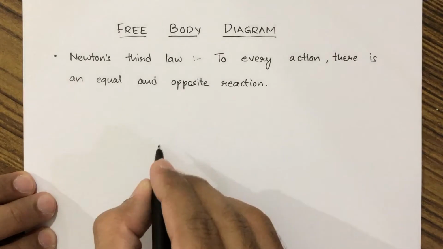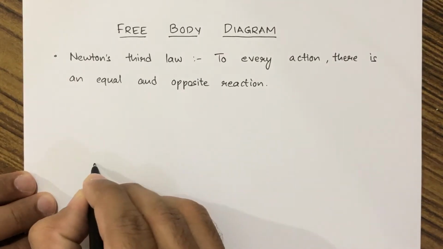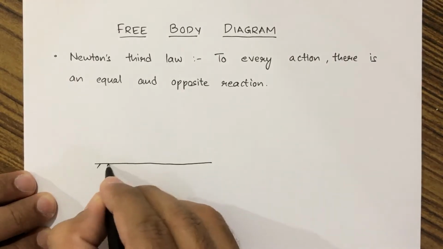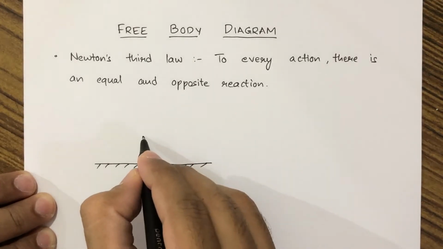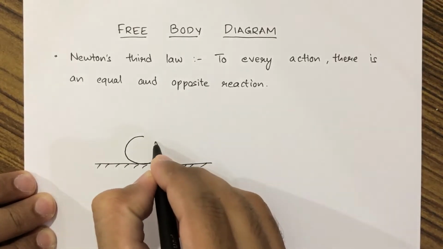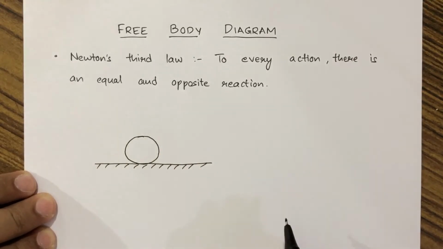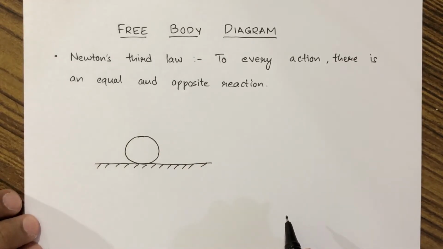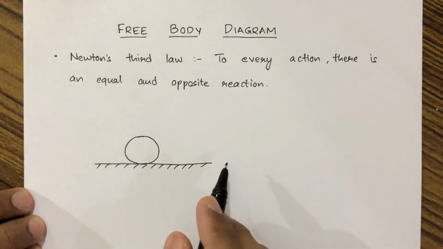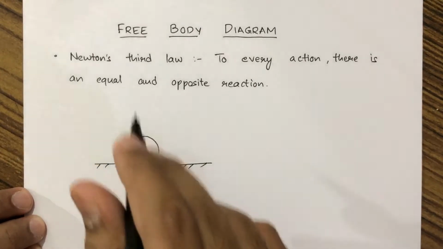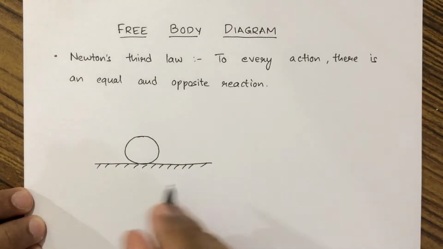Let us consider one example. This is a plane surface and a ball is resting on this plane surface. This ball is free to move along the plane, but it cannot move vertically downward. Due to the surface, it cannot move vertically downward.